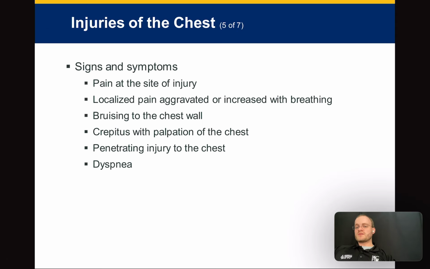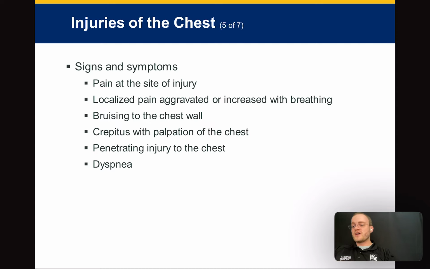And so signs and symptoms of a chest injury. Intuitive. It's going to hurt a lot. The patients will tell you it hurts a lot. One of the common things you'll hear, it hurts to breathe, right? They'll say my chest hurts, and then I'll say take a deep breath for me, and they'll stop. They'll be like, oh, it hurts to breathe. That's a very common thing with broken ribs. It hurts to take a deep breath. It hurts to cough.